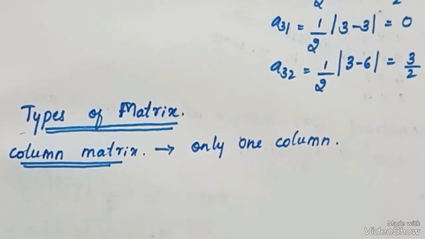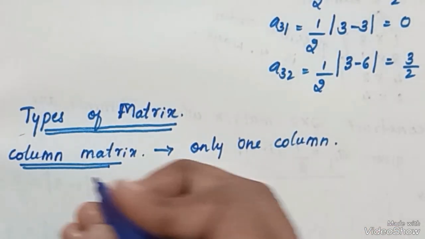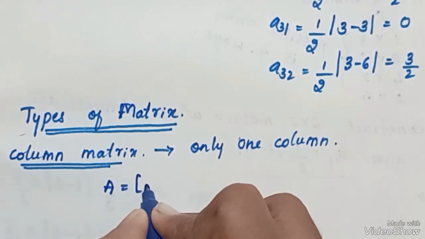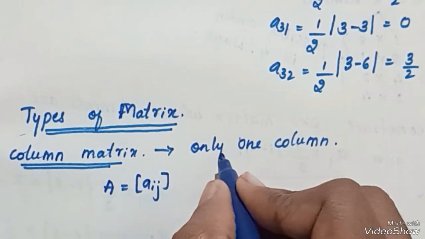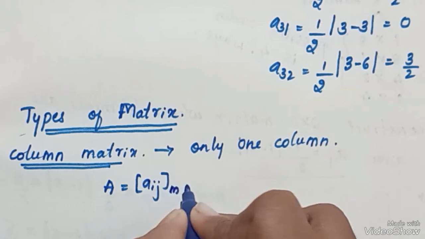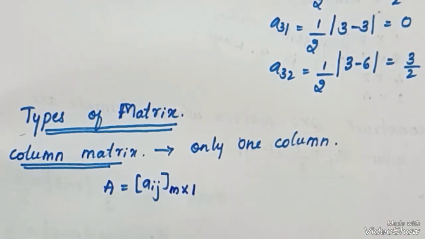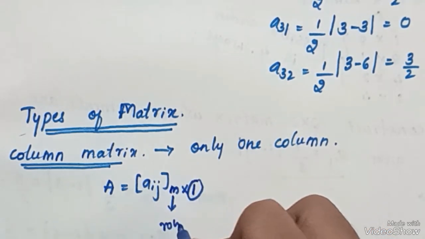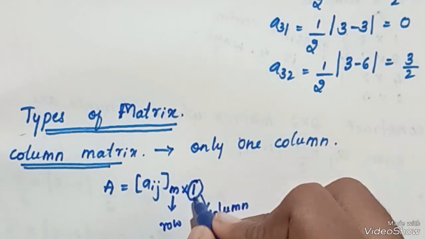Generally, we write A as a matrix of the form Aij, an element of order m cross 1. The first number represents the rows, and here the column should be 1.